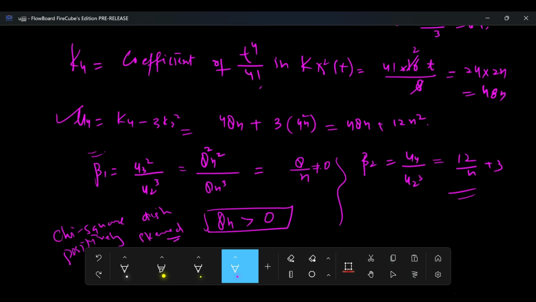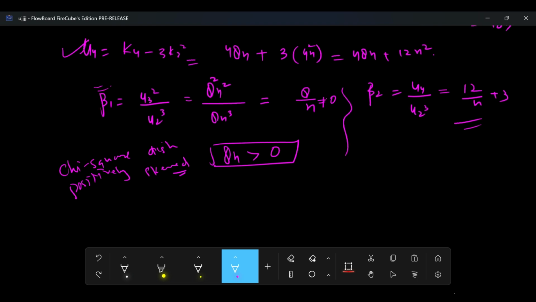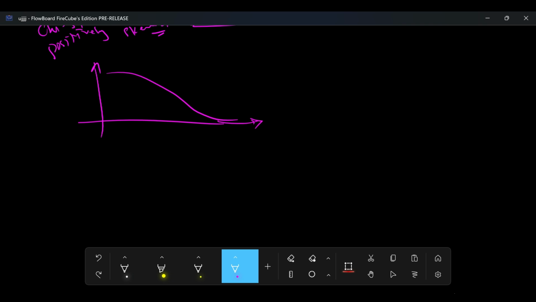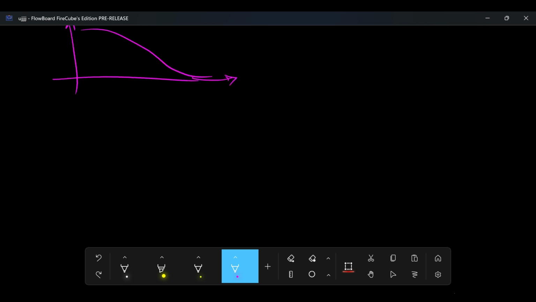This means that the graph of chi-square will lie like this, for different degrees of freedom. So you know these cumulants, how to generate cumulants, and how to generate moments, mu1, mu2, from the cumulant generating function.